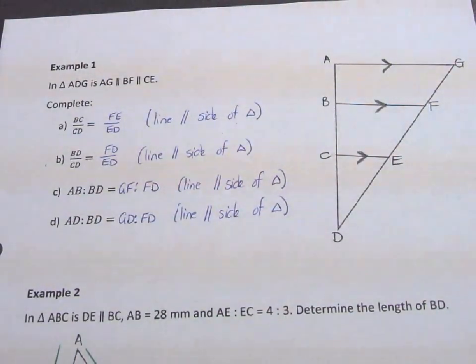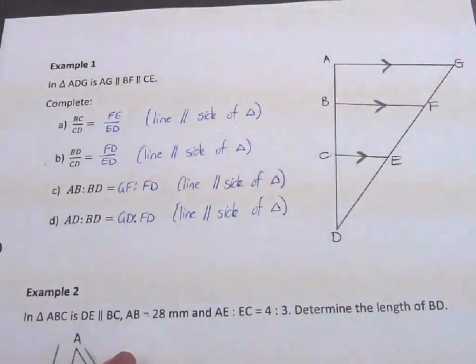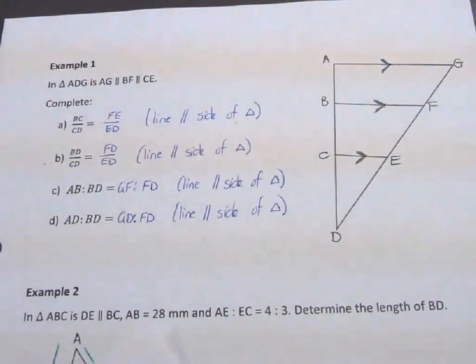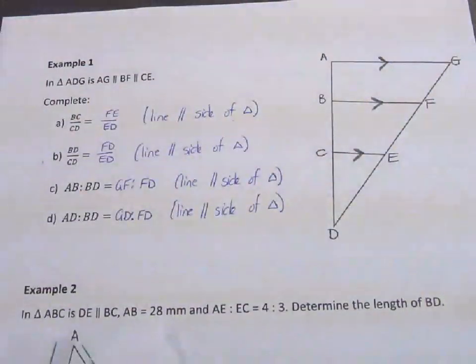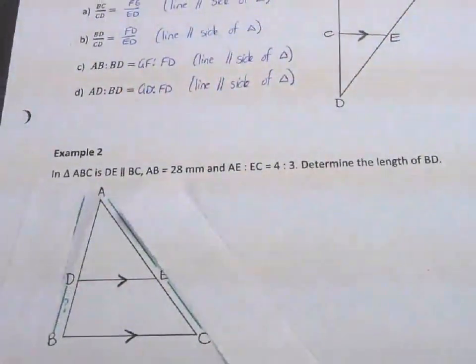Now, let's look at example 2. In triangle ABC, so it's the big one, DE is parallel to BC.